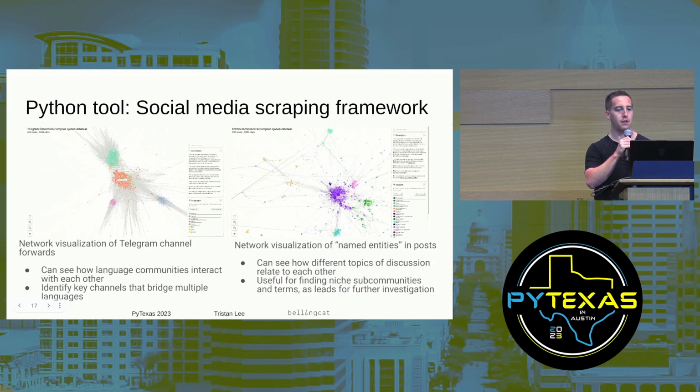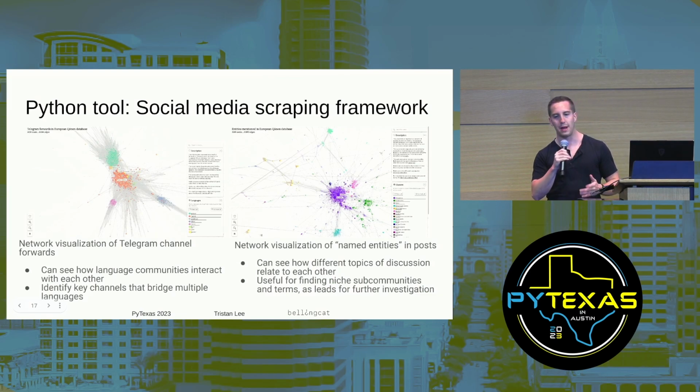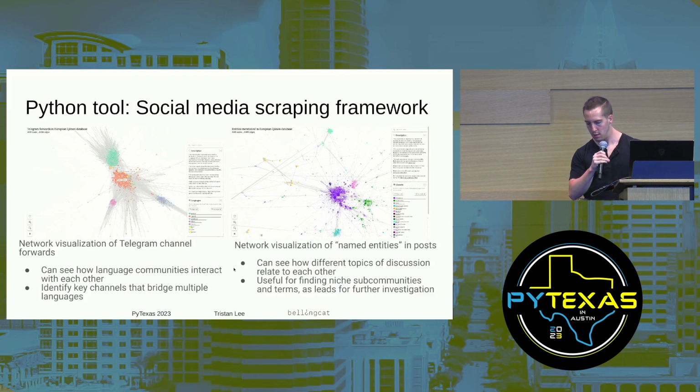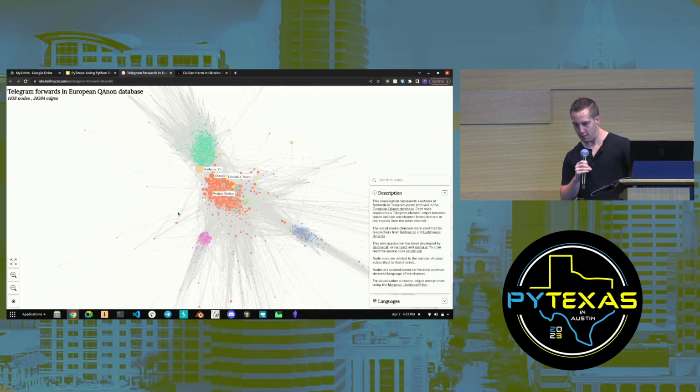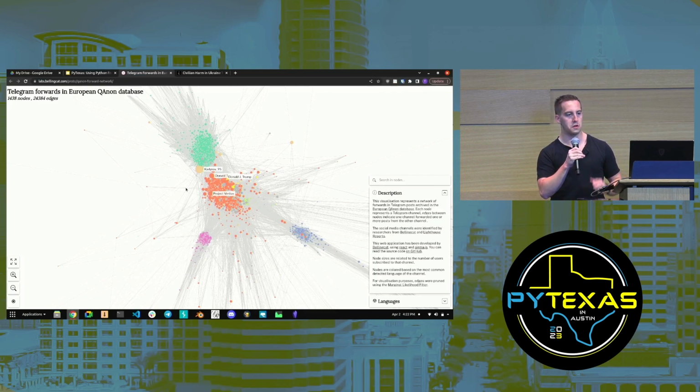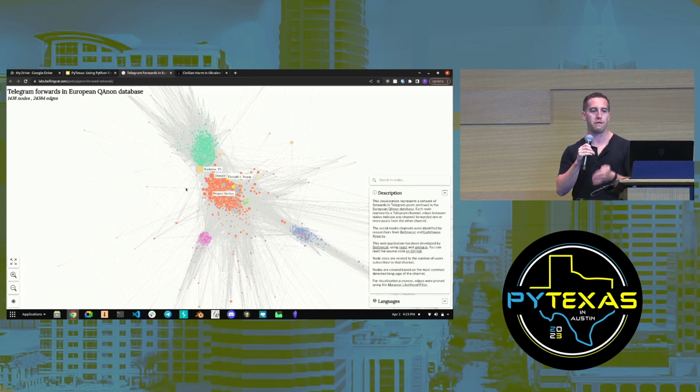So to better understand the overall structure of the ecosystem, I created some network visualizations from the data. Let's see if this works. All right, so this first network shows Telegram forwards. The nodes, the circles here, are Telegram channels. Edges between nodes, the lines, are when one channel forwarded one or more posts from the other.